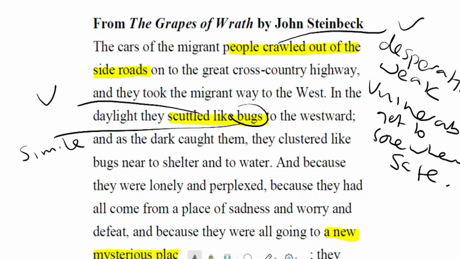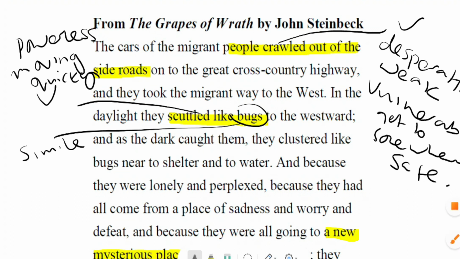Now, certainly when I think of bugs, it's again emphasizing their weakness, but also that they are in many ways powerless. And I guess that's why they are attempting to move quickly, because they want to get to safety.